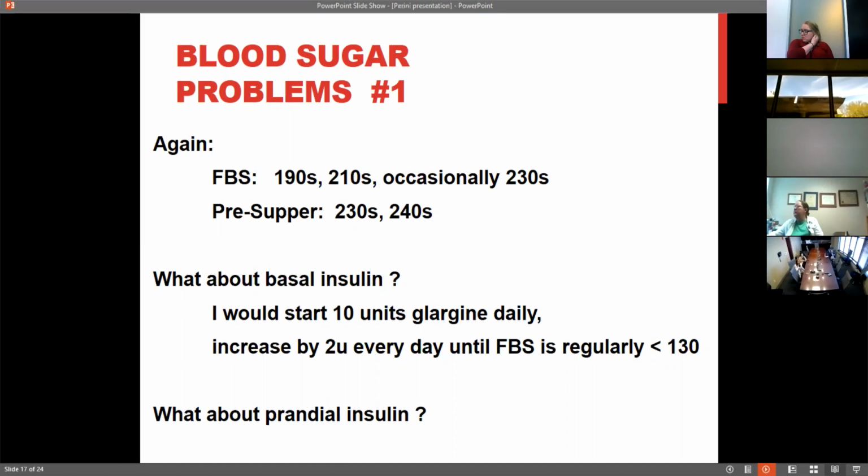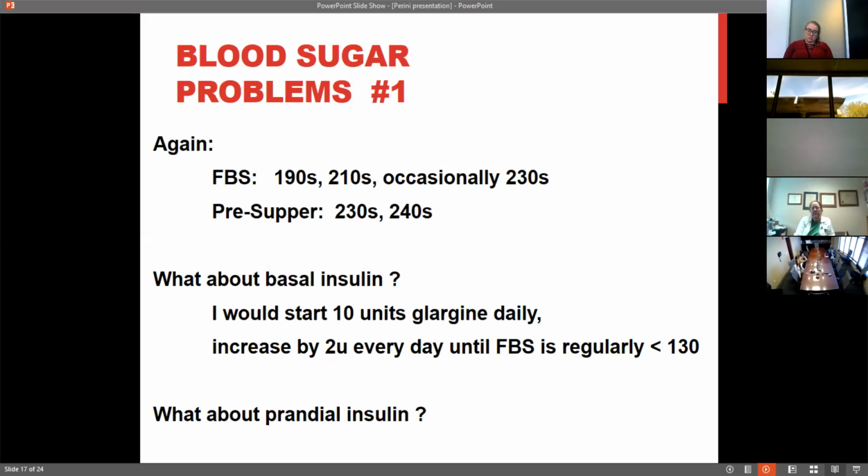So if their fasting sugars are 120, they're probably not getting much above 160, 170 at any other time of the day. Maybe after meals sometimes they are, but we'll look at that later. So that means they're more or less meeting targets across the board for the whole day, just using basal insulin in this particular person who's not having such big differences between their morning sugars and the other times of day sugars. So many people can get their sugars well within range just by using a basal insulin.